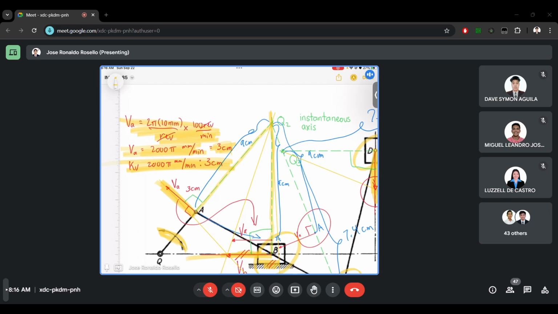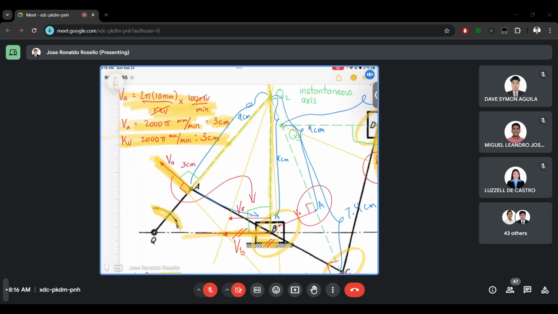For the instantaneous axis, on an actual drawing, we can use a compass. But if we don't have a compass, we can use a ruler method. For the compass, let's just place the pointed end at Q2, then trace the pencil end or ball pen end at A, then make it go to the line of Q2B.